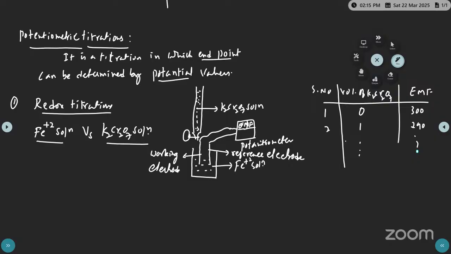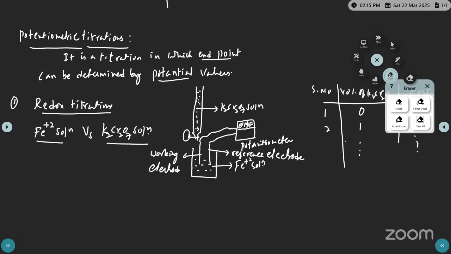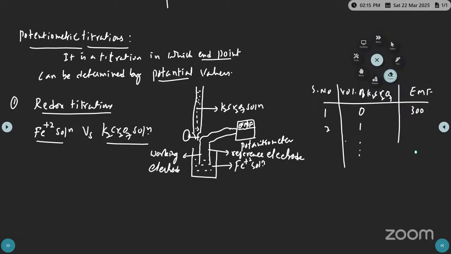EMF is, for example, 300 volts. By adding potassium dichromate, the EMF values gradually start to increase. For example 320, like that 340. So the EMF values increase up to a certain volume, for example up to 10 ml.